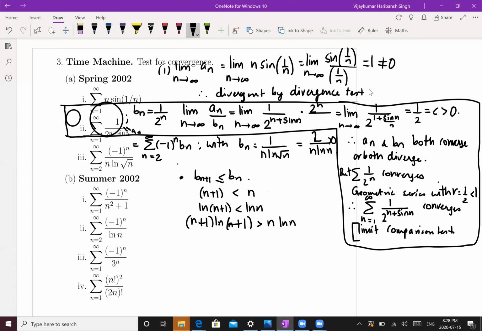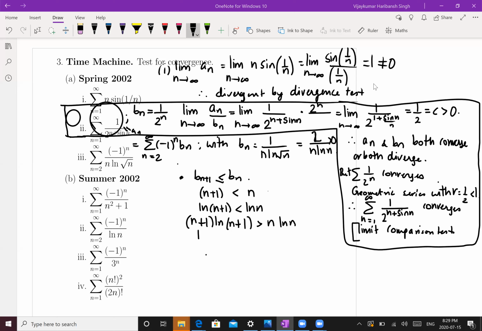And if you take the reciprocal of this, you get 1 upon n plus 1 times ln of n plus 1 is going to be less than 1 upon n ln n, which implies bn plus 1 is less than or equal to bn. So that's 1.